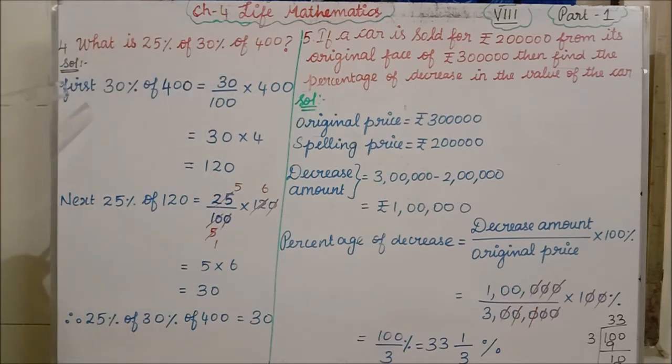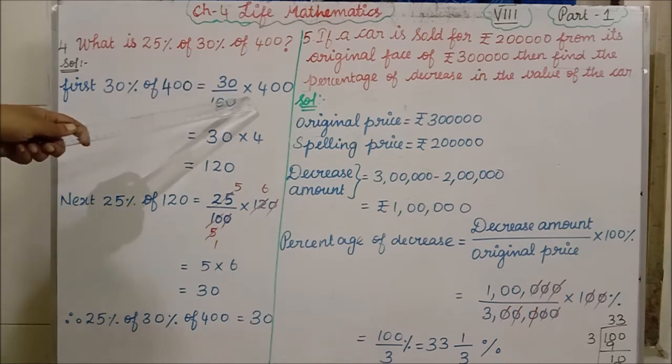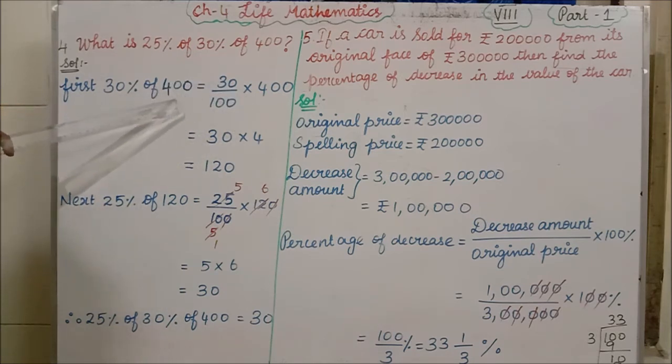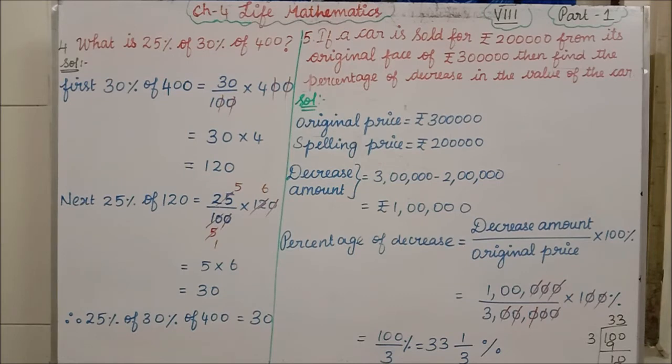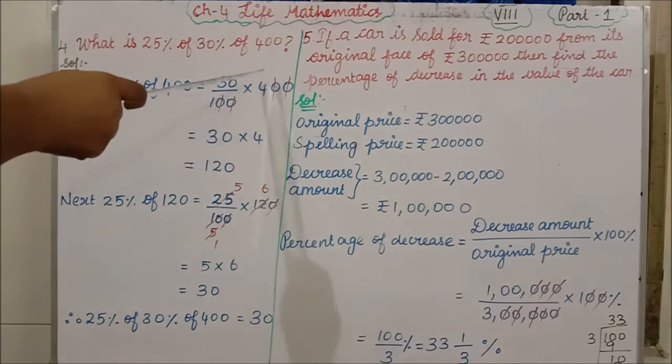See the solution. 30 percentage of 400 is equal to 30 percentage, how can we write? 30 by 100 of, I told you have to put multiply symbol, into 400. Clear all of you? Then what we can do now? The zeros will get cancelled, isn't it? So what will be left here? 30 into this 4.